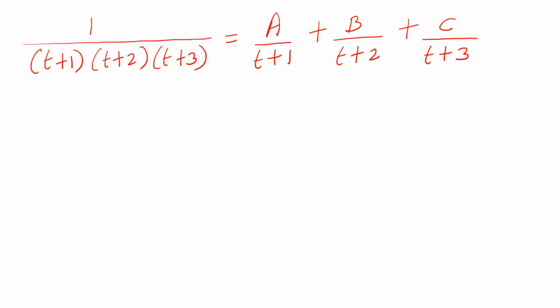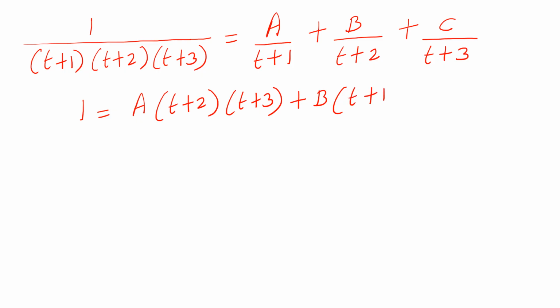If we multiply both sides of this equation by t plus 1 into t plus 2 into t plus 3, we get 1 equal to a into t plus 2 into t plus 3 plus b into t plus 1 into t plus 3 plus c into t plus 1 into t plus 2.